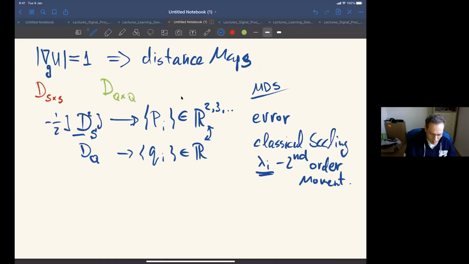Again, at the end of the day, what we were trying to do is find the permutation matrix that would multiply my D of S, so that it would look as much as possible like the intergeodesic distances D of Q. And here I have the permutation matrix.